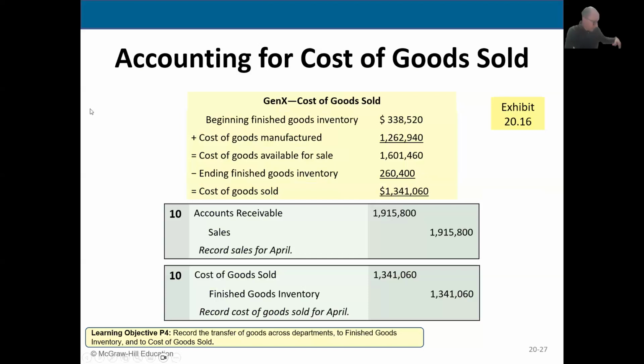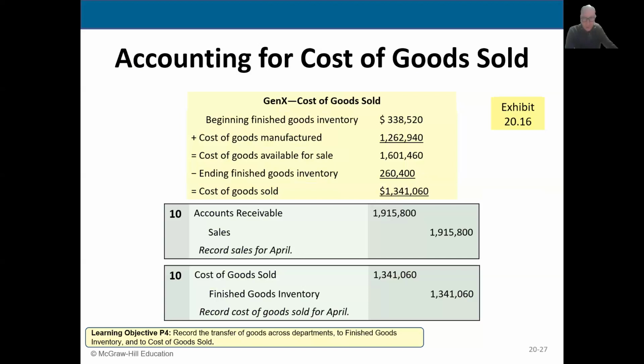And then when we sell the product, it comes out of finished goods inventory and onto our income statement as cost of goods sold. So as I sell it, I debit accounts receivable or cash, depending on how the customer's paying us, and I credit sales to represent record of my sales.